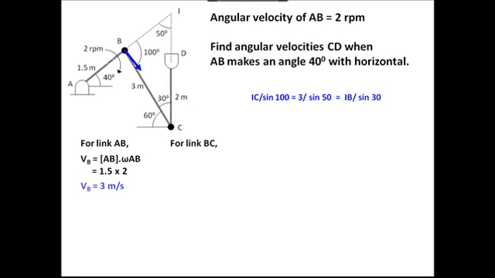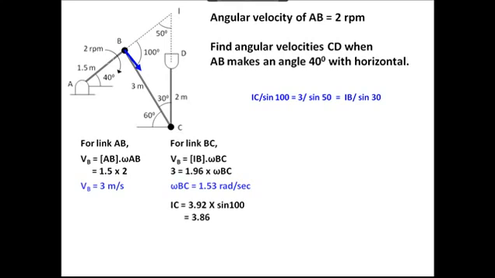Then link BC, we can write VB as distance IB into omega BC. Distance IB can be taken as 1.96, which we can easily see from the sine rule, and therefore omega BC can be worked out as 1.53 radians per second.